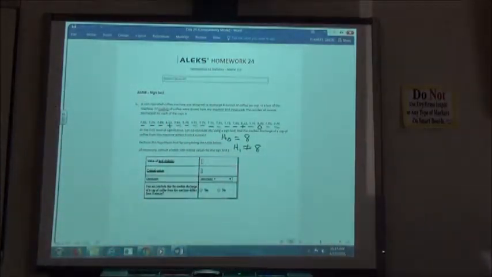So anything below 8 is going to have a negative, anything above 8 is going to have a positive, and if it's exactly 8, we're going to give it a 0.